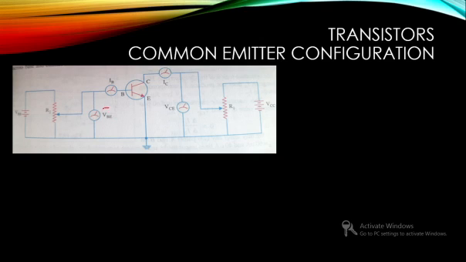The input voltmeter measures the potential difference between base and emitter, and hence is given as VBE. The output voltmeter measures the potential difference between collector and emitter, so it is given as VCE.